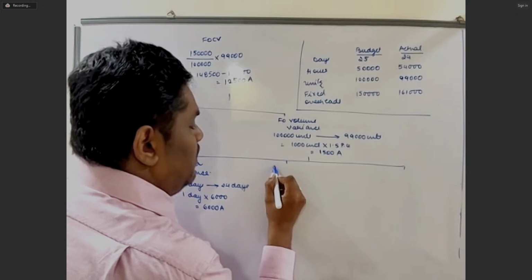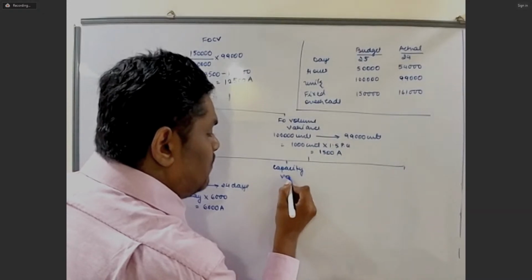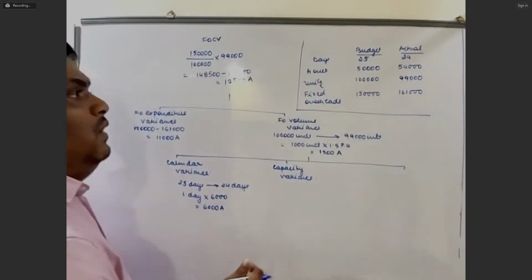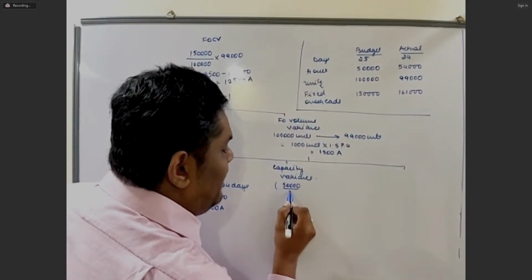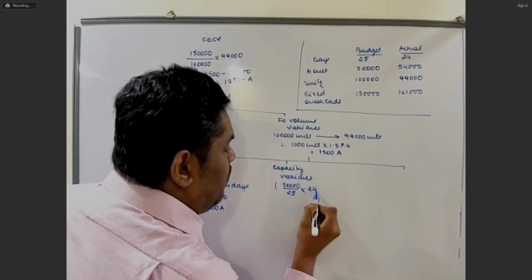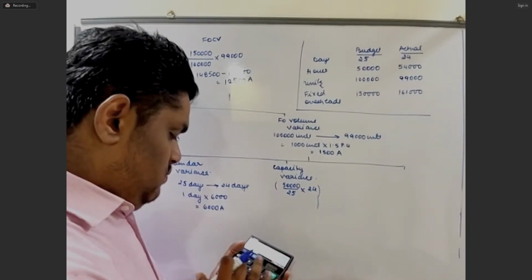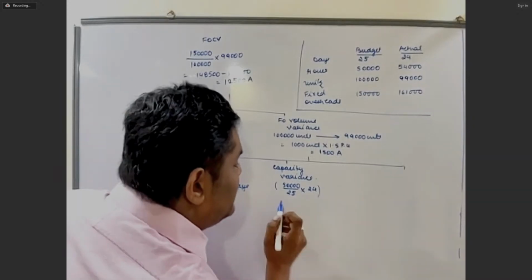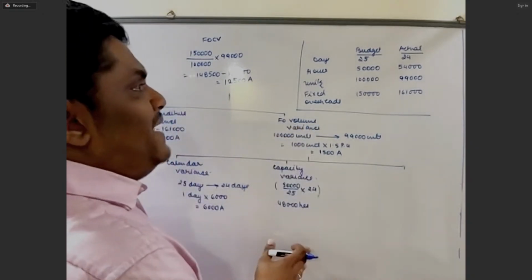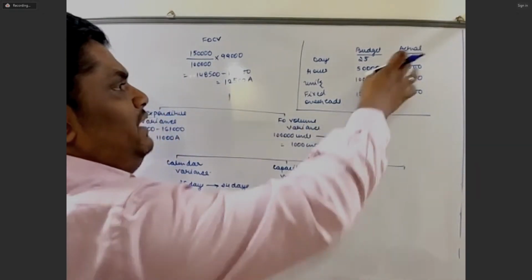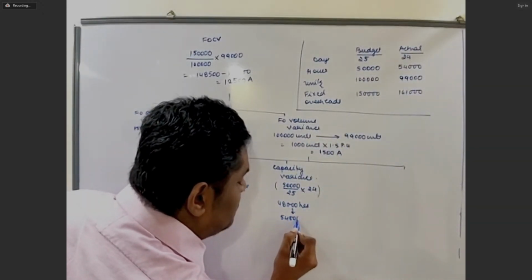When talking about capacity variance, we have the capacity to work for 48,000 hours in 24 days, but we actually worked for 54,000 hours.